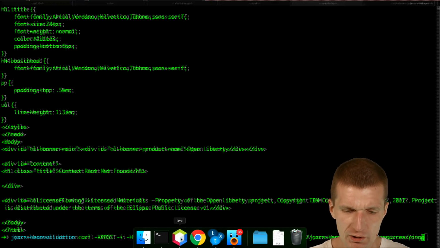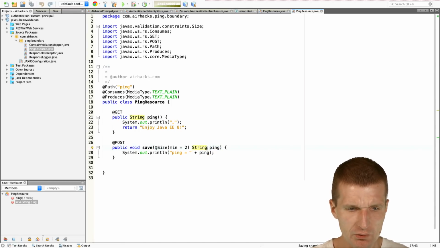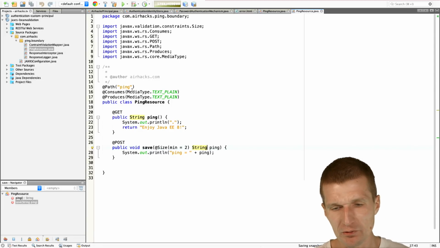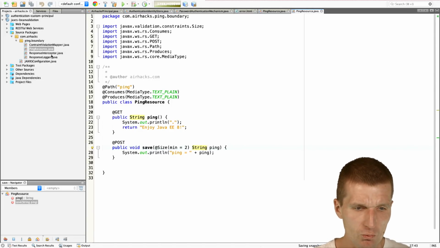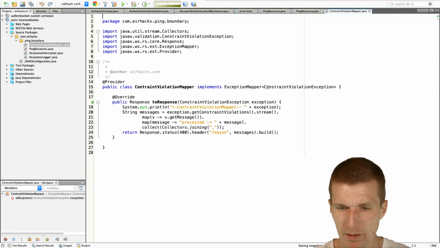So what I did here is the following. We have this save. This fails here, or fails on purpose. And I implemented an exception mapper, a constraint violation mapper, and it maps the constraint violation exception.